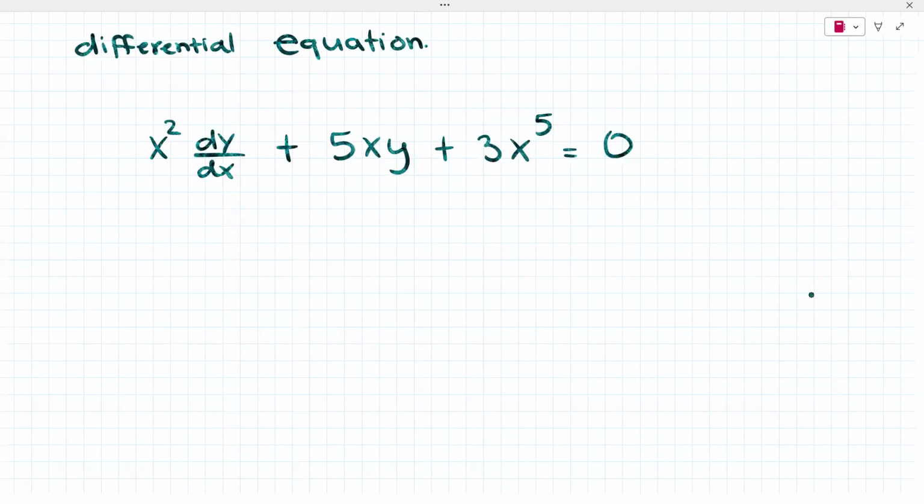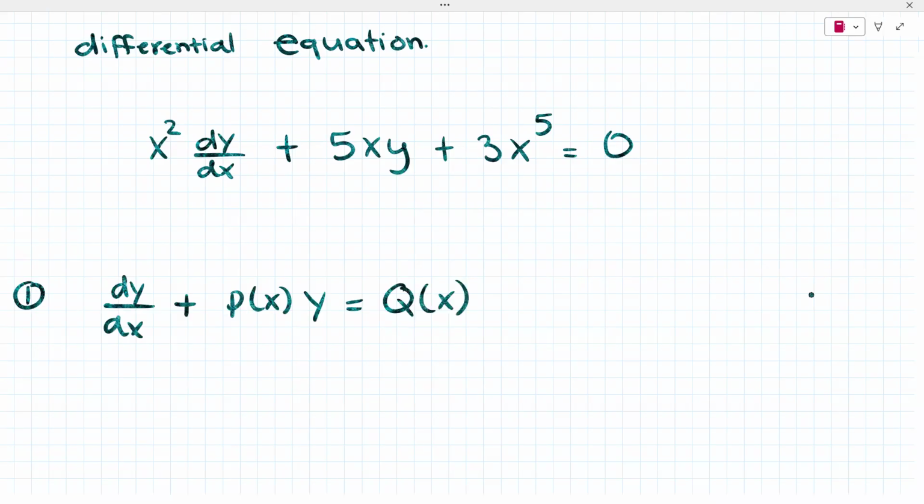Step 1: put it in this form. So what do we have to do? We have to somehow get rid of this x squared, so I'm going to divide all sides by x squared.